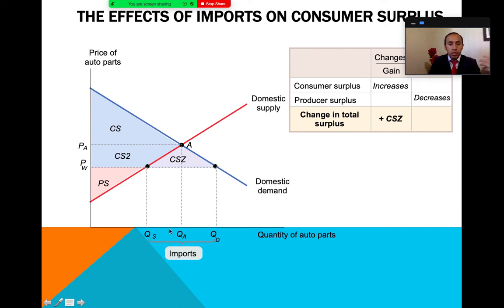The producer, which has cut production, or cut quantity supplied, due to the lower price, is going to experience a smaller benefit, which is going to decline to just this small pink area. The consumer gains are greater and quite substantial at the expense of domestic producers. So the gains to the consumer are significant with imports.